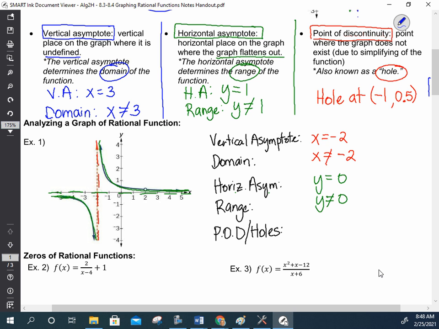Lastly is for any holes in the graph. A hole in the graph means just that. If there's a hole in the graph, you identify it. There's one right there. That looks to be 2, comma, not quite halfway, maybe it's a fourth, so 0.25.